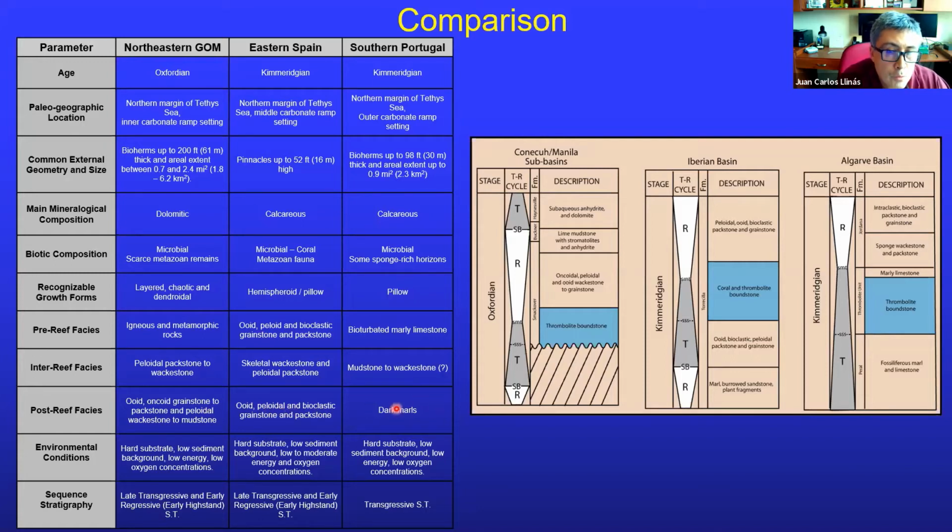And in the case of Portugal, we have dark marls, indicating that the microbial buildup was again drowned. The environmental conditions are a hard substrate and low sediment background in all cases, with low energy in general. Wherever you have changes in the oxygen conditions as you move up in the section into the highstand, you switch to another type of deposit.